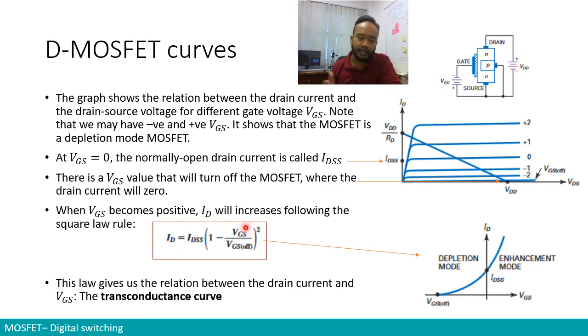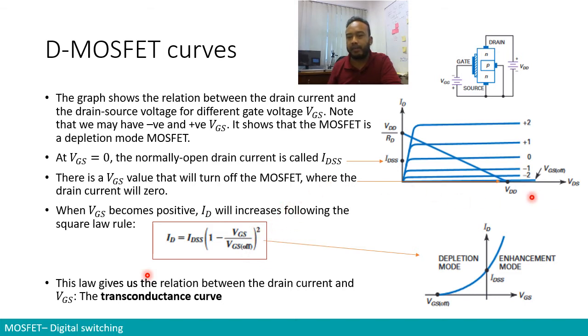So there is an equation to that. For the relation between VGS and ID, ID equals IDSS multiplied by 1 minus VGS over VGS off, squared. IDSS is the drain steady state current if you do not supply any VGS. So what is VGS off?